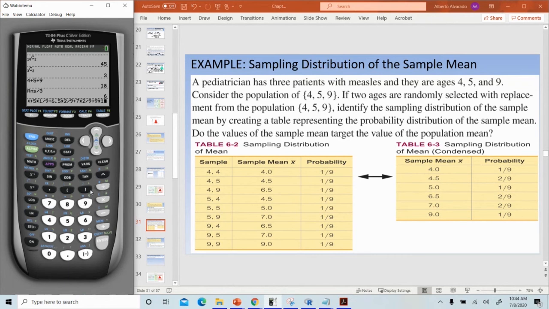Okay, so that's how you find the mean of a probability distribution.